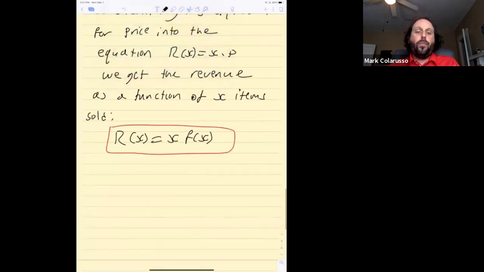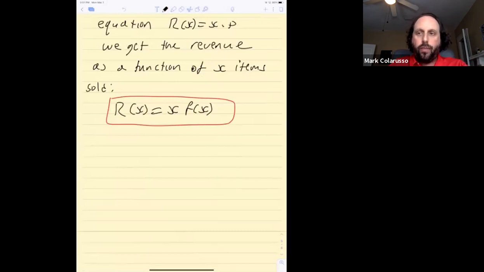This demand equation is a very mysterious thing to me. I feel like it's almost set up the wrong way, in the sense that the roles of x and p should be reversed. But the book does it this way, so we'll stick with this for now.